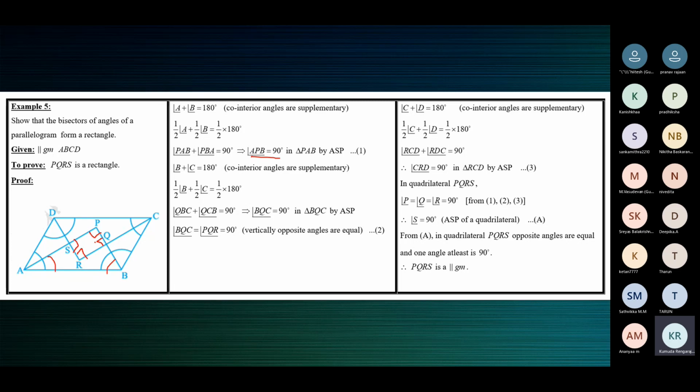So we are trying to prove that angle P is equal to angle R, angle S is equal to angle Q. Now we got angle P is 90. That means R also should be 90, right? We have to prove R is 90. Only then you can say that opposite angles are equal. Similarly, you will see that Q and S also will be 90 degrees.